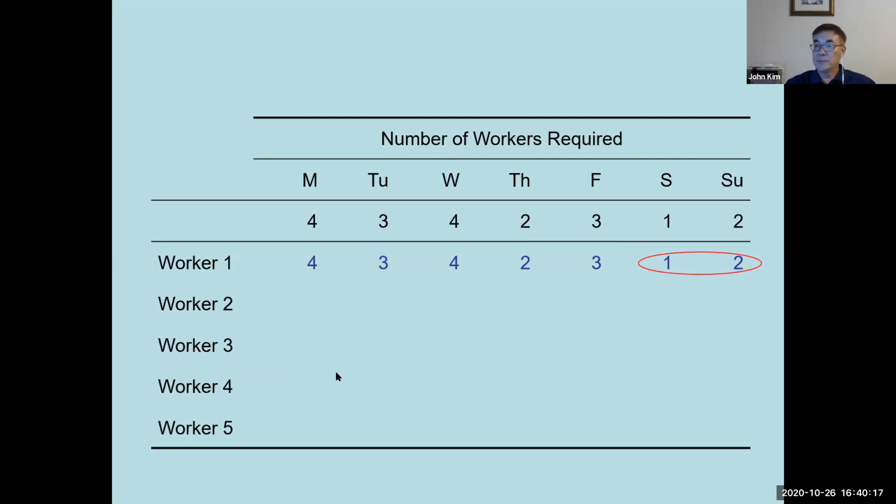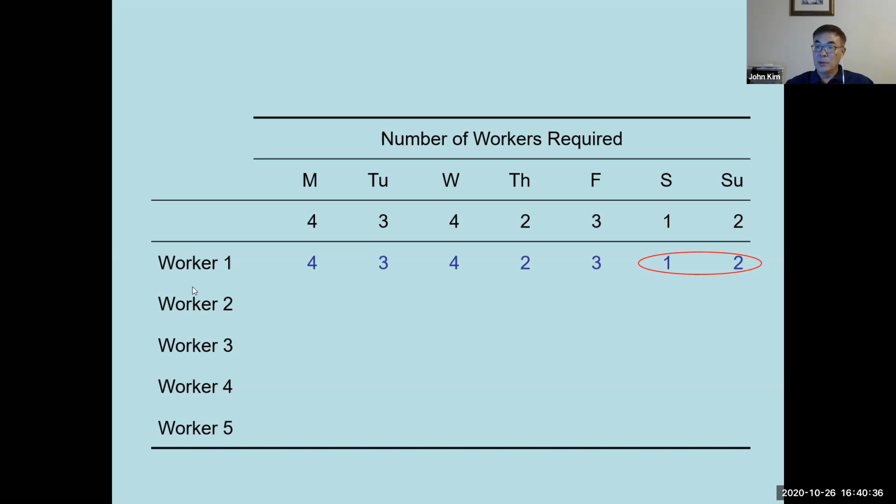That means worker 1 will be assigned Monday, Tuesday, Wednesday, Thursday, and Friday, not Saturday and Sunday.